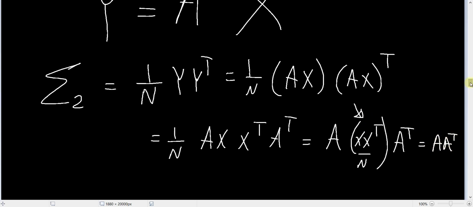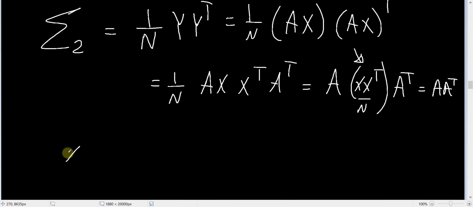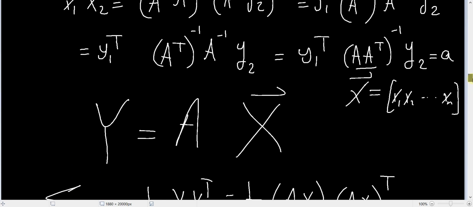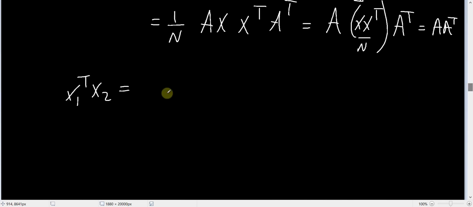Very well. Now this means that x1 transposed x2 is equal to y1 transposed sigma^-1 y2. And we know that y1 and y2 are actually eigenvectors of the covariance matrix sigma. We know this piece of information from the PCA section. Now here is another fact.